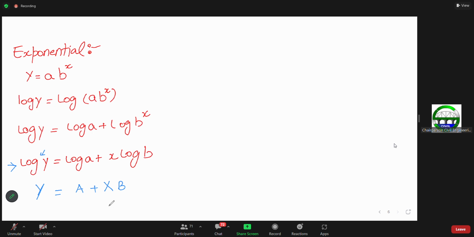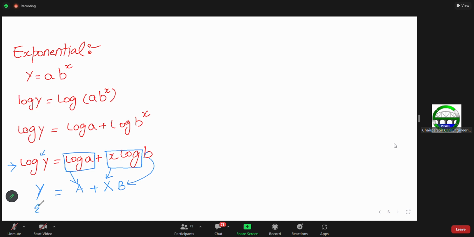Okay, so I put x log of x as x, right, and log of a as a, and b I just put as capital B, or I can multiply it with x. So I can write it in the same way.